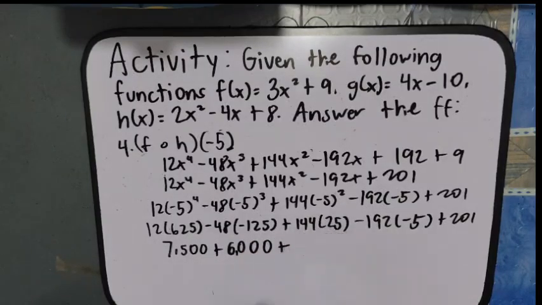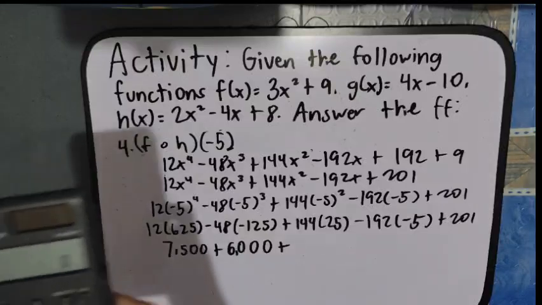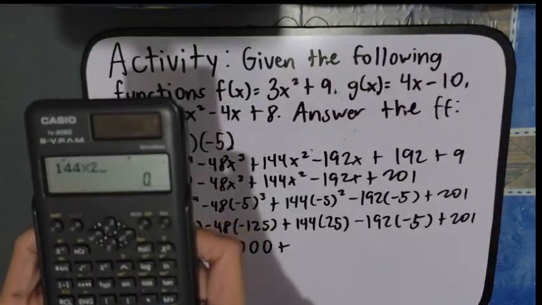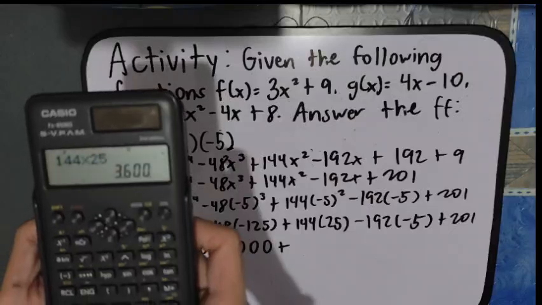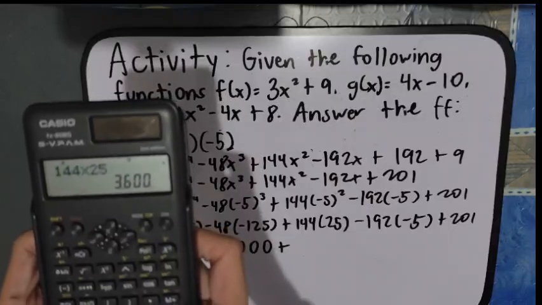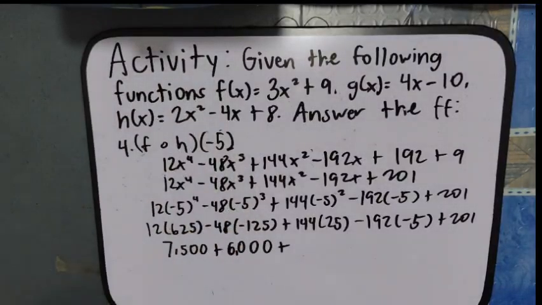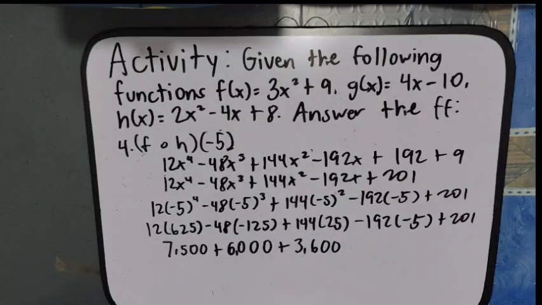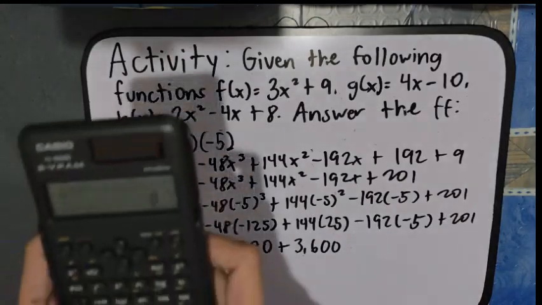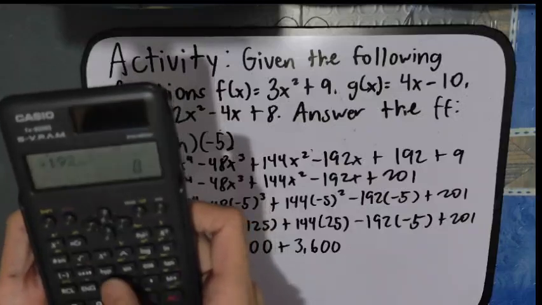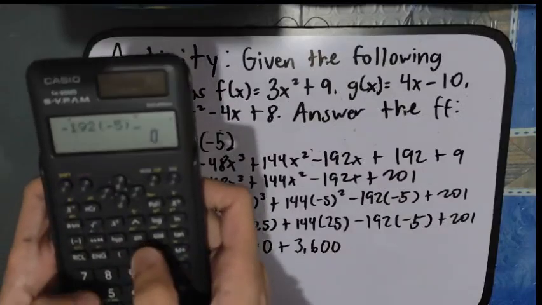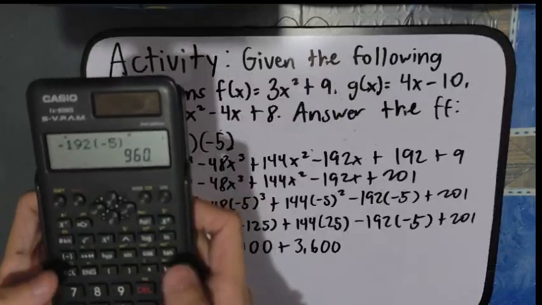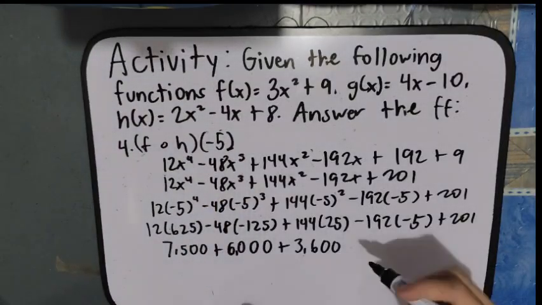Next, 144. Type in 144 times 25. We have the answer of positive 3,600. So 3,600. Then negative 192 times negative 5. We have the answer of 960. So positive 960.